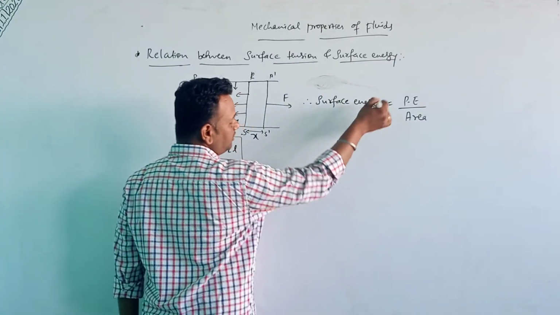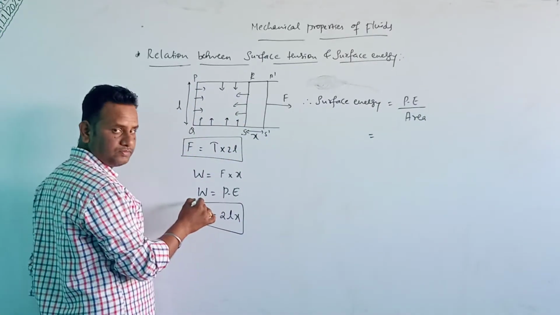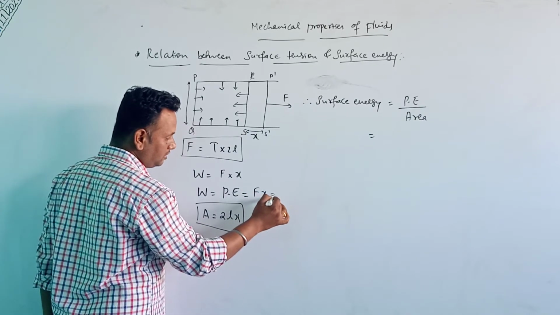Therefore the surface energy becomes, as potential energy is equal to the work done, F into x.